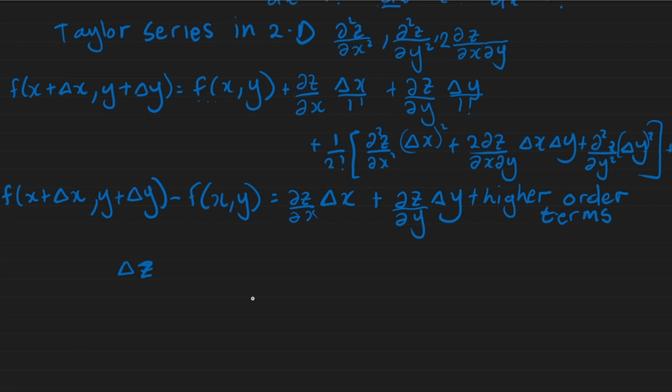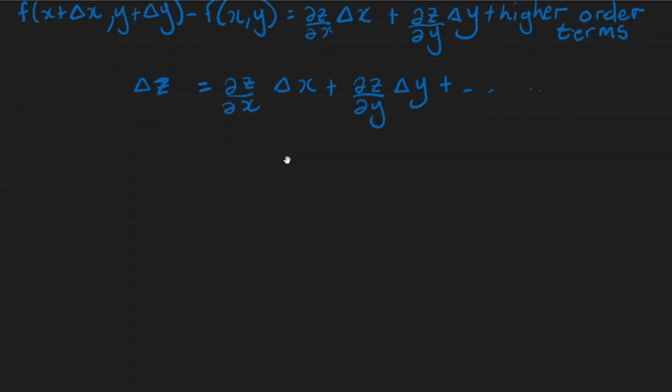We can see it. So delta z is equal to all of the stuff on the right-hand side. That's ∂z/∂x delta x plus ∂z/∂y delta y plus these higher order terms. So we can now take the limits that I was speaking about, in which we let delta z approach dz.